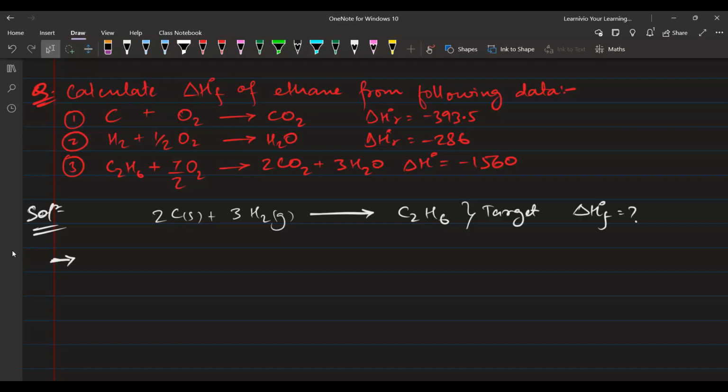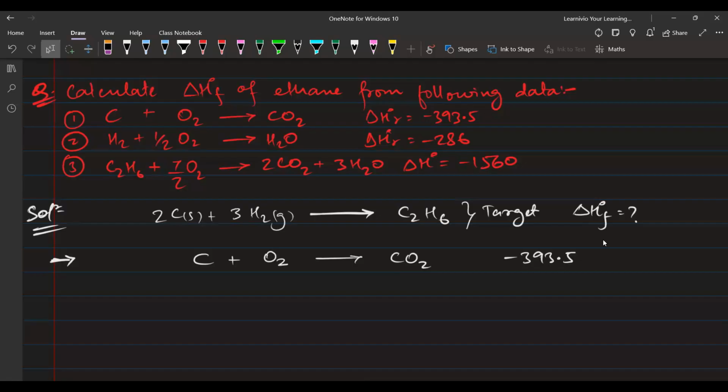If the target and given are on the same side, write it as it is. Target is carbon and the carbon in the given is also on the same side, reactant, just write it as it is. So carbon plus O2 gives CO2. है ना? And this particular reaction has minus 393.5 kilojoule. H2, it is in which reaction 1, 2, or 3?